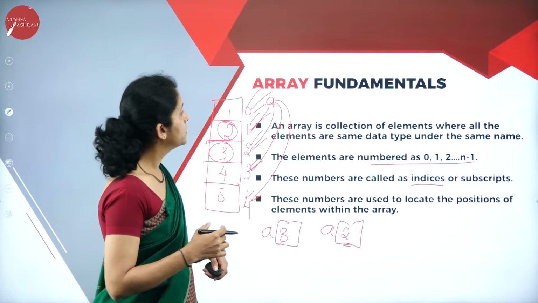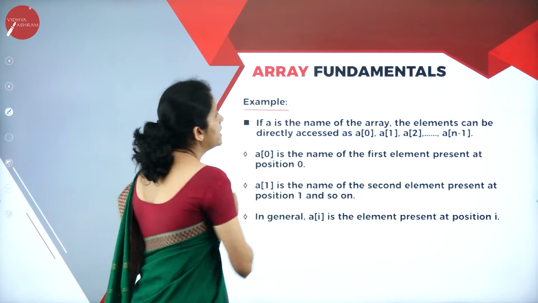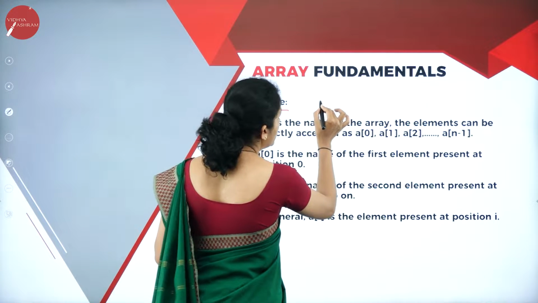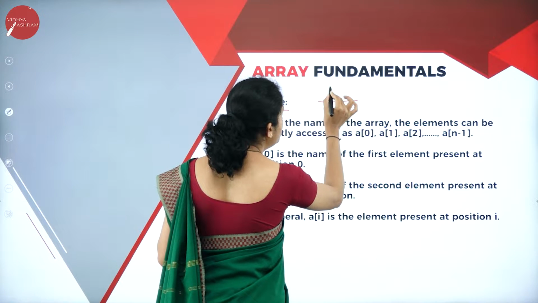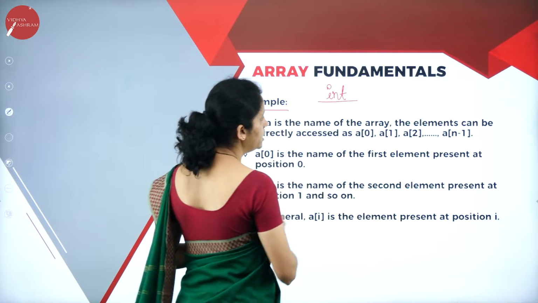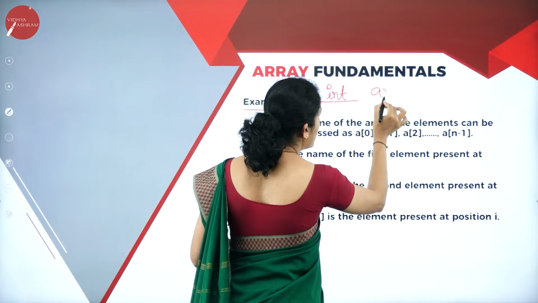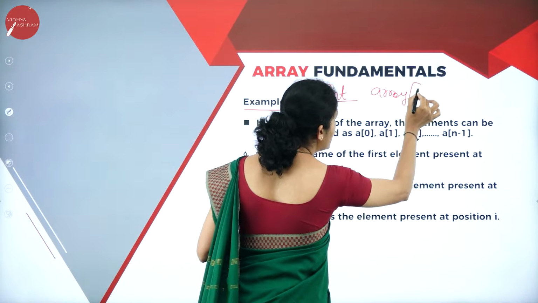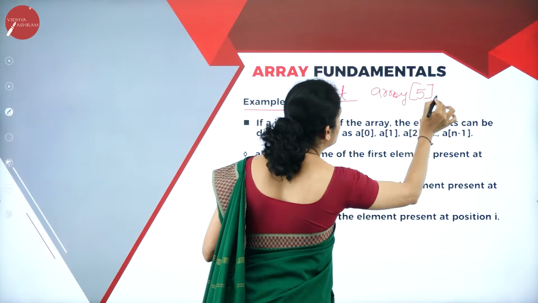Moving further, this is the example I'm going to have here. At the beginning, I'm going to have the data type, say int, that is integer, and I'm going to write the array name, array, and what is the size? It is 5.